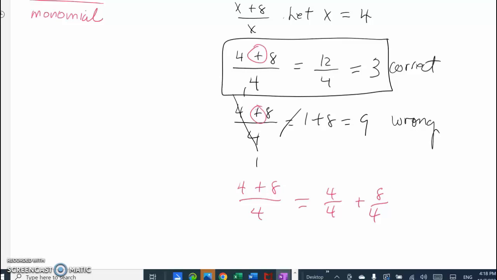So it's 4 over 4, going backwards, 4 over 4, 8 over 4. And actually, it's just simply the reverse of adding fractions. 4 plus 8 over 4 is 4 over 4 plus 8 over 4. So I'm just reversing the operation.